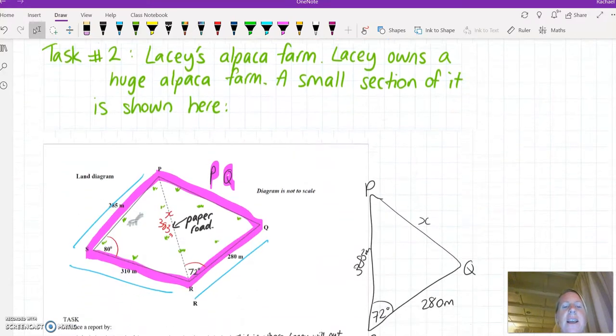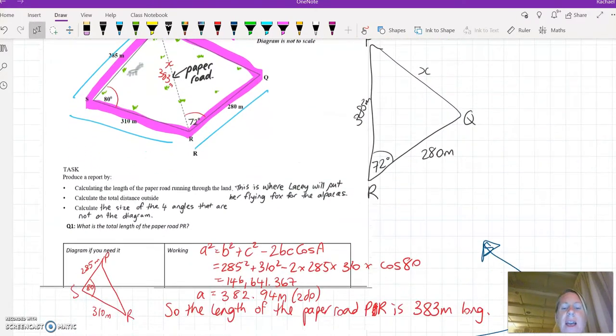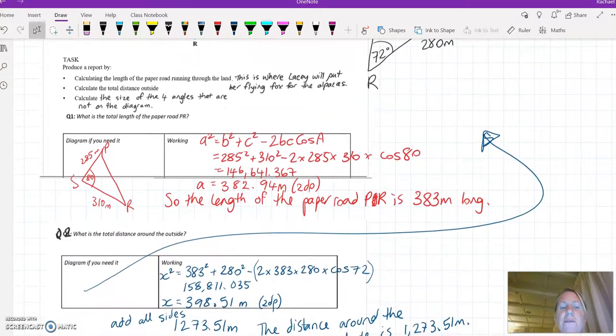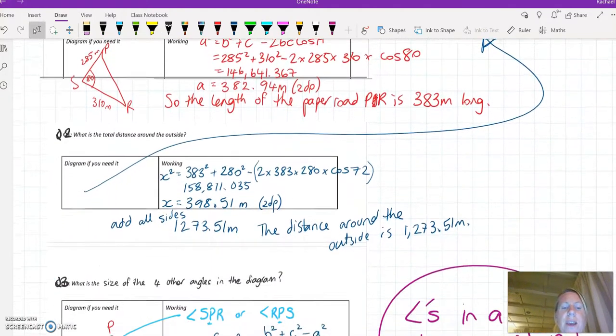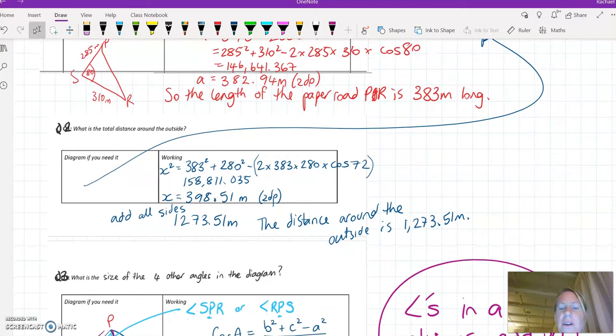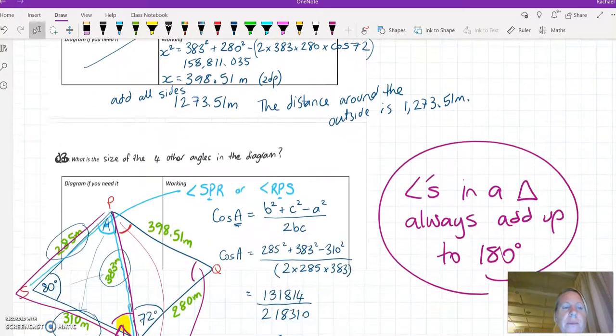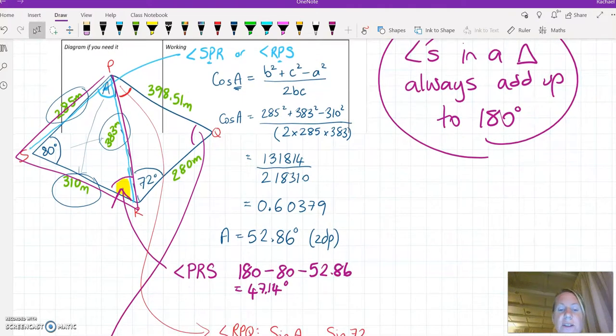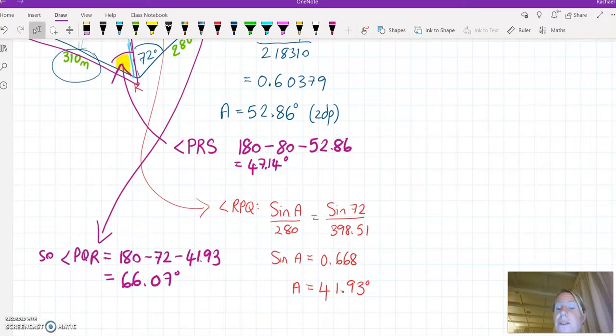Then here with Lacey's alpaca farm, this could be a separate assessment. You've showed us that you can find a length with the cosine rule. You've then done another length with the cosine rule. We've got finding an angle with the cosine rule and finding an angle with the sine rule. So again, a good solid achieved it would be for that second one if you've done it.